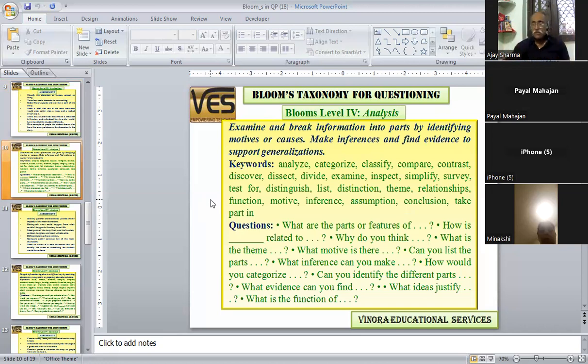In simple words, in English language, analysis means breaking the thing, object, or example, to examine or break information into parts for the purpose of identifying how it was created, what caused it, and then making inference. What are the different parts? You will say this is knowledge level, but this is analysis.